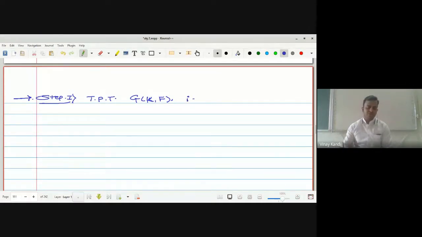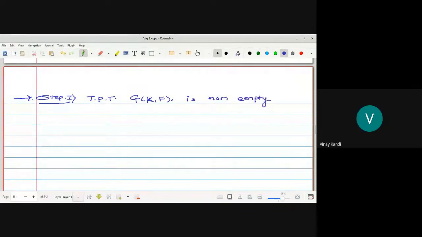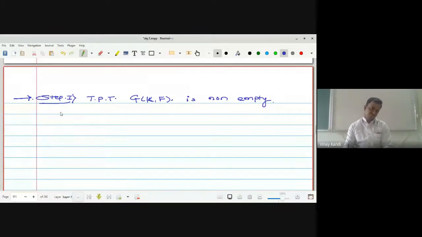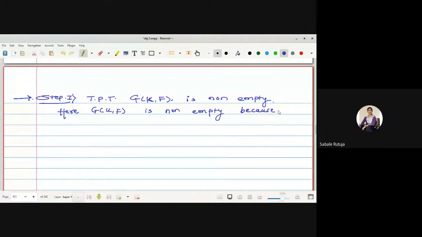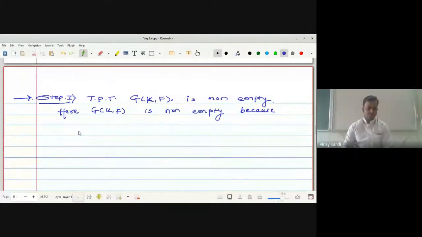Is it non-empty? GKF is not empty because, wait a minute.